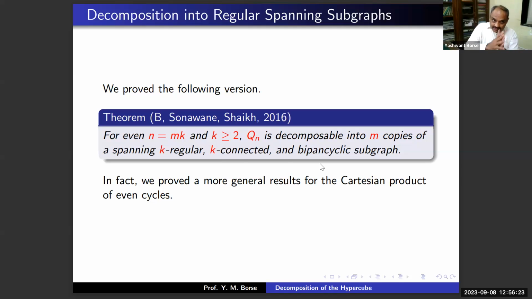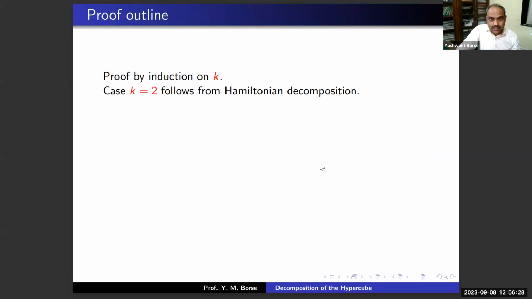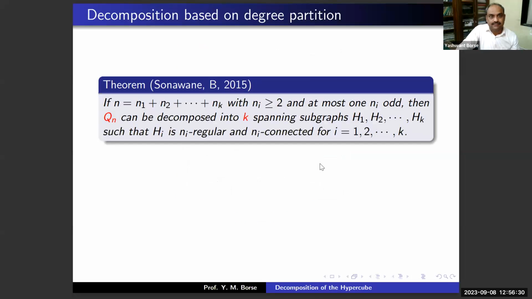Now instead of taking all parts k, you take a partition of n: n equal to n1 plus n2 plus up to nk, each ni greater than or equal to 2. I am assuming at most one ni is odd. Then Qn can be decomposed into k spanning subgraphs H1 to Hk such that each Hi is ni-regular, ni-connected.